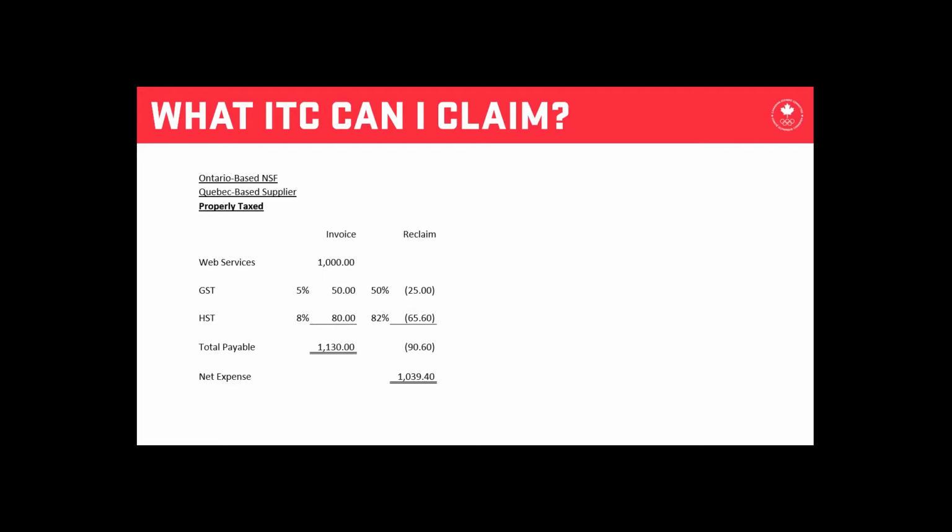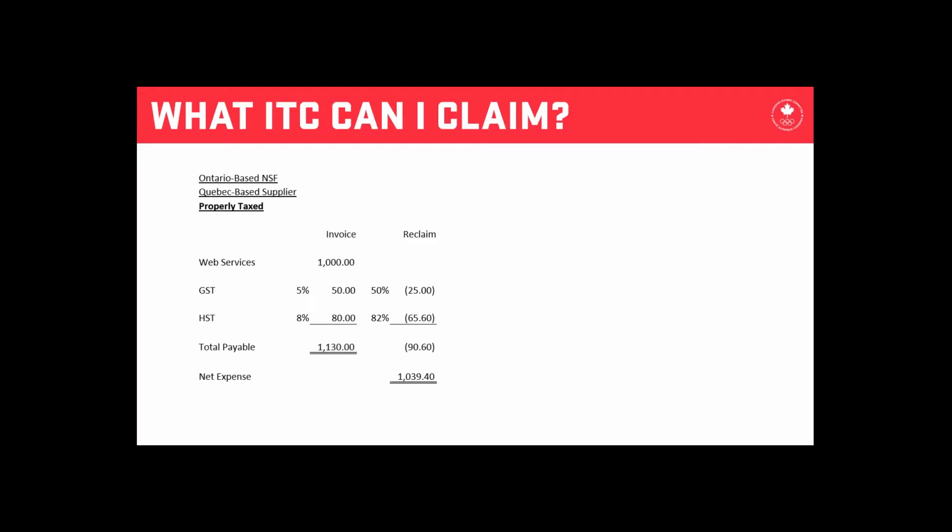In this case, they've charged GST of 5% and HST of 8%, breaking down the provincial component, for a total of 13% in Ontario, and then the total payable would be $1,130.